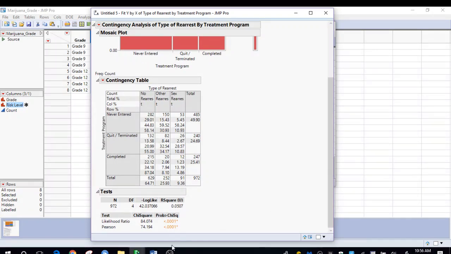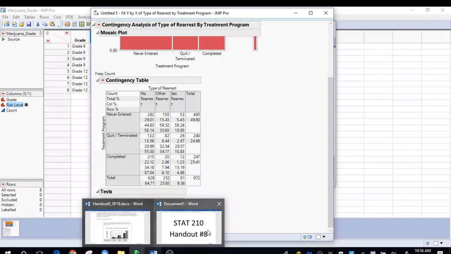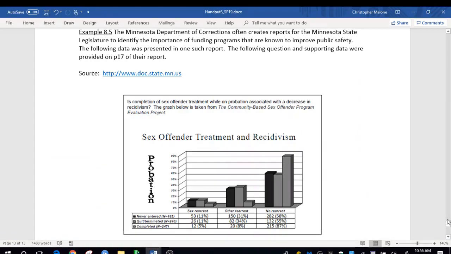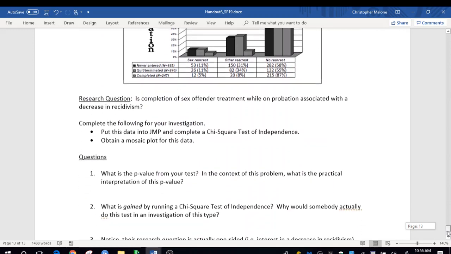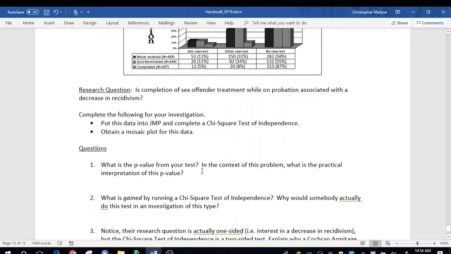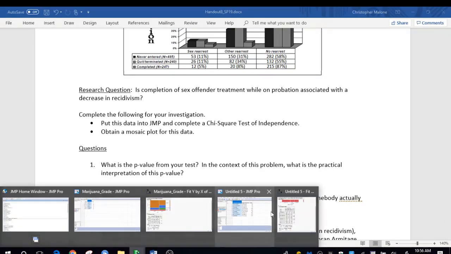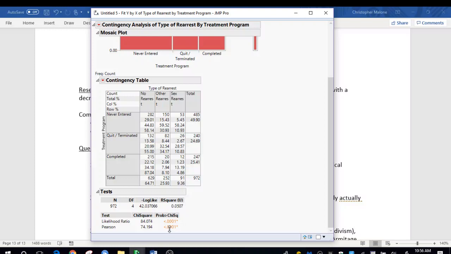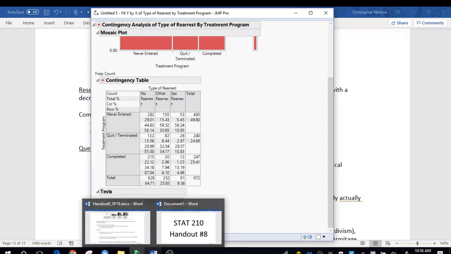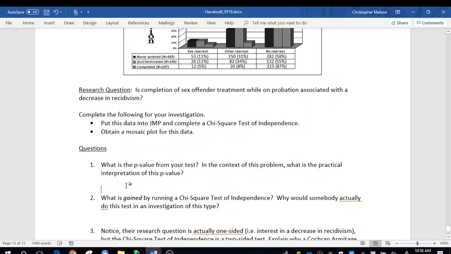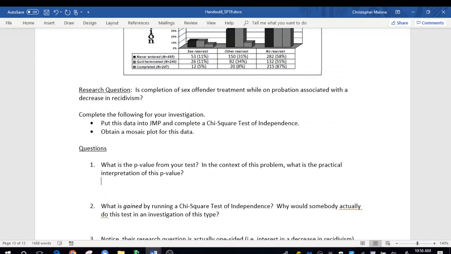If we go back to page 13 in the notes, answer those questions down there. What is the p-value from your test in the context of this problem? What is the practical interpretation of this? My p-value for this one is, again, less than 0.0001. The p-value is very small.